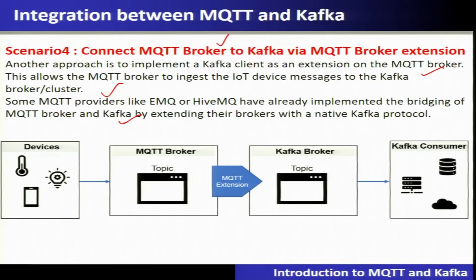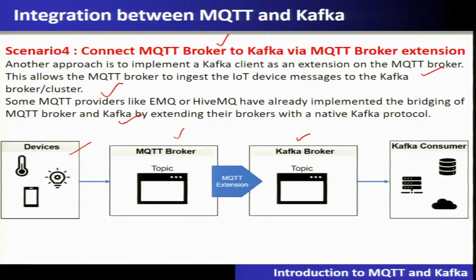Now you can see that the MQTT broker is used to connect the IoT devices based on the publish subscribe system. The MQTT broker will bring the data into the edge computing system, and this edge computing system will connect to the cloud. If the cloud requires data ingestion for end to end storage, then you require the Kafka broker.